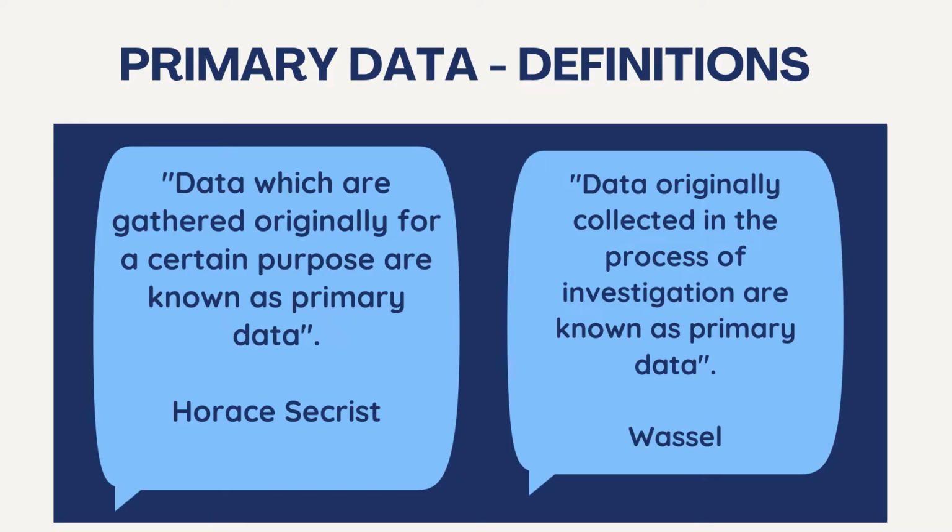The certain purpose, the certain objective, should always be there in your research or your study; then you are doing primary data collection. The other definition is given by Wessel. He says data which is originally collected in the process of investigation is known as primary data. If you are doing any investigation, then you must go for a primary data source.